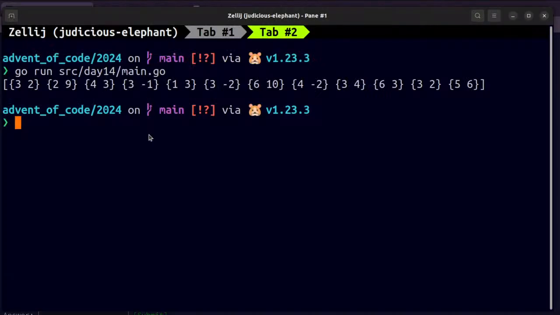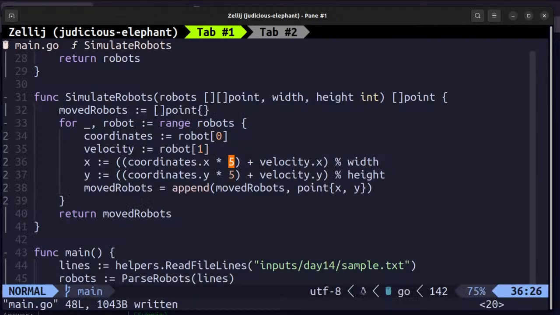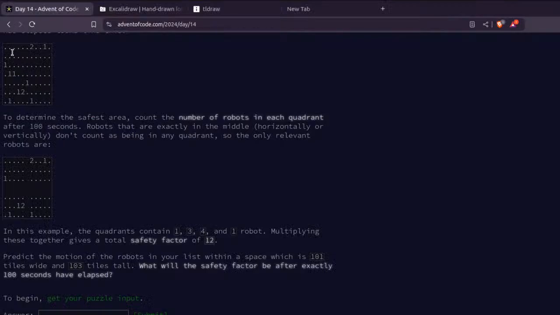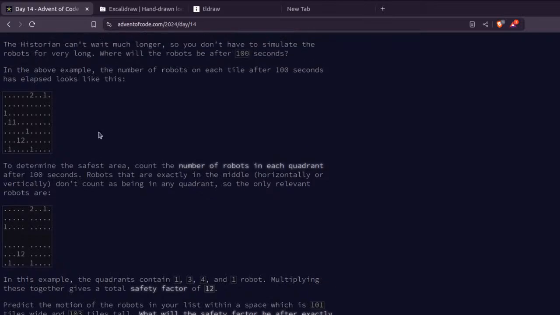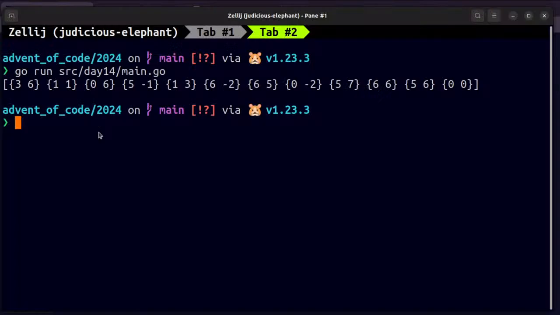Actually, let's do 5 only, unless that was correct. So 3 and 6, 1 and 1, 0, 6. Oh, it is actually after 100 seconds.